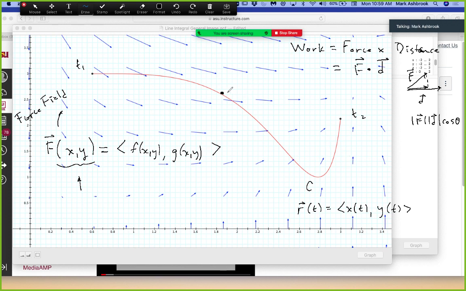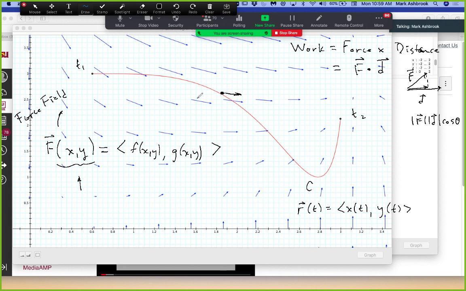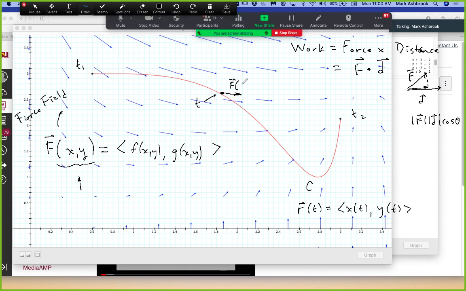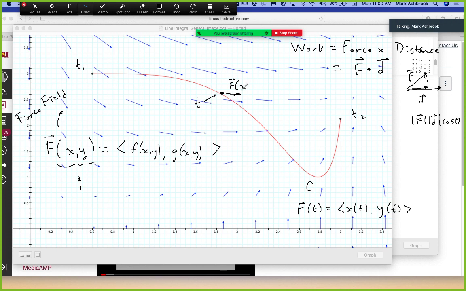Okay, so right here at this point, if I pull off this one right here, the force looks about like this. So say this is at some t value right here, and so this would be F of x comma y, so it'd be x(t), y(t).